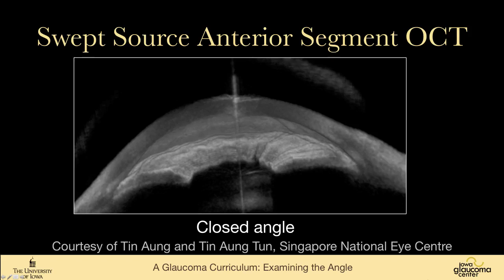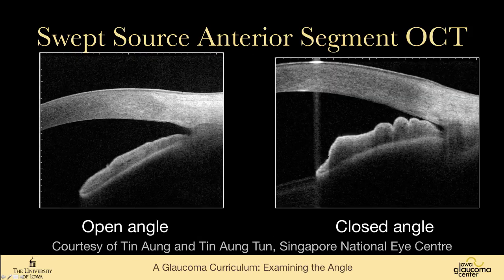This is given to me from the Singapore National Eye Center, showing a swept-source OCT that actually allows you to look into this angle that's closed. Really beautiful imagery. Another swept source OCT shows examples of an open angle on the left and a closed angle on the right.